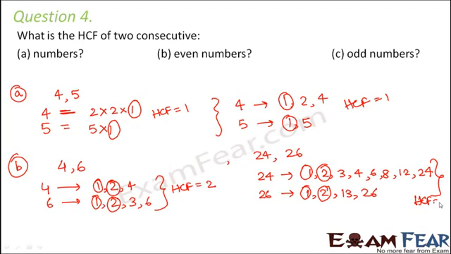So the highest common factor by this method also is 2. If you want, you can try to find out the HCF using prime factorization method. There also you'll get the same result. So when you talk about HCF of two consecutive even numbers like 4, 6, 24, 26, 28, 30, for any two consecutive even numbers, the HCF will always be 2.